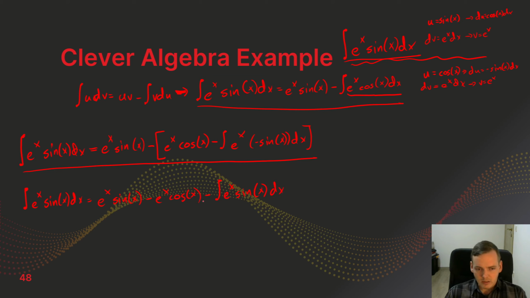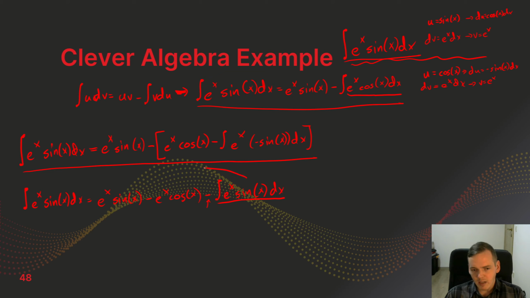Now if you look at this, you'll probably be thinking, well, Mr. McKinnell, this doesn't help us because this is just right back where we started. So why is that useful? It's because it is right back where we started, except we've got this minus sign in here.